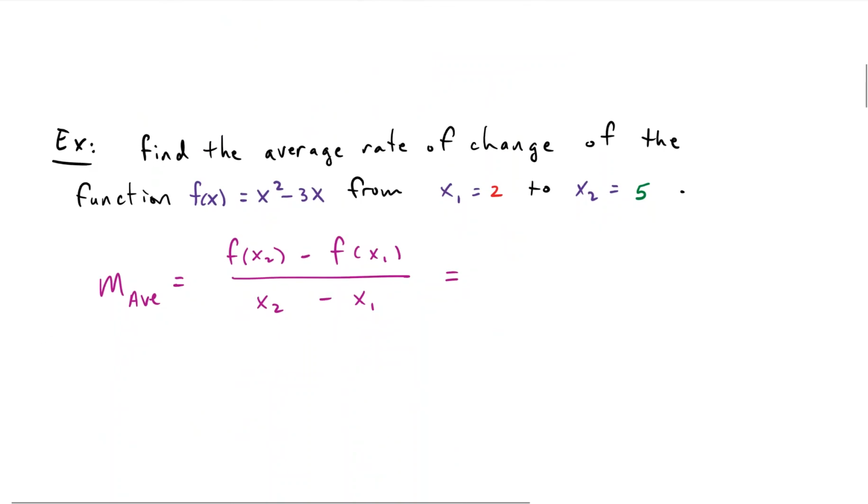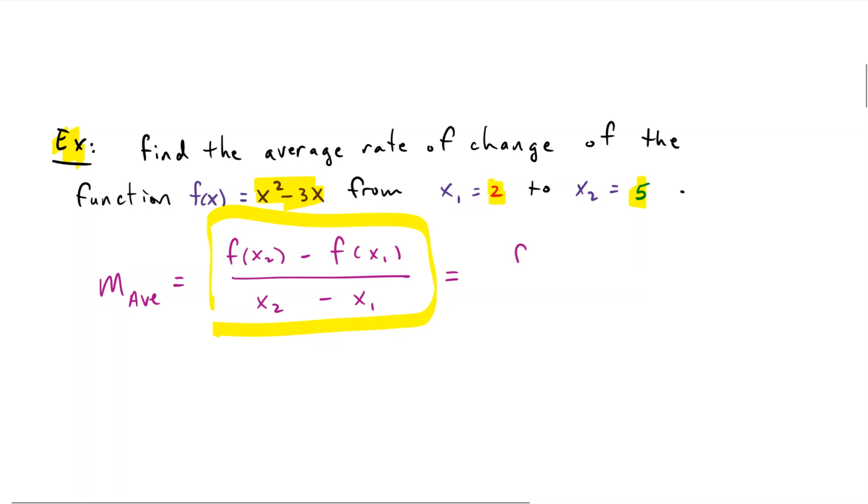So say we have this example here. We want to find the average rate of change of this function, x squared minus 3x, between the x's of 2 and 5. So we just follow the formula. Our formula is right here, and we're literally just writing it out.